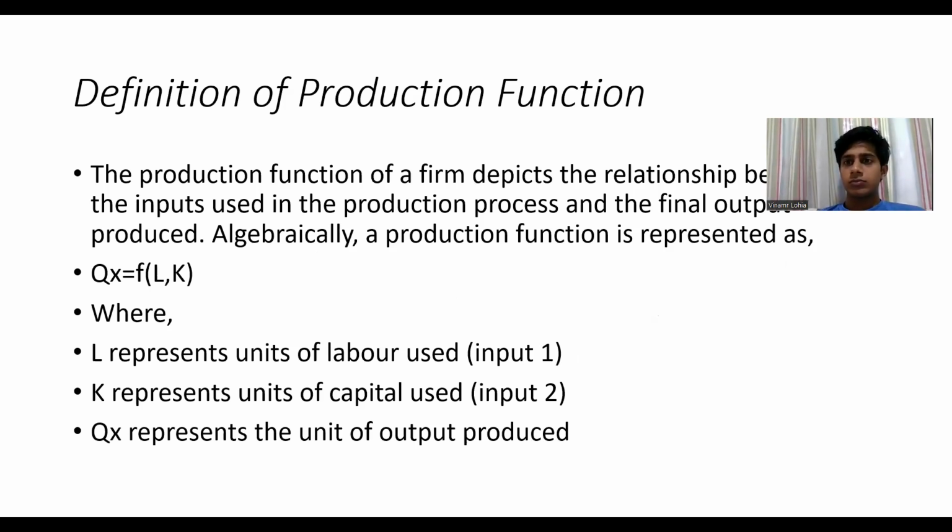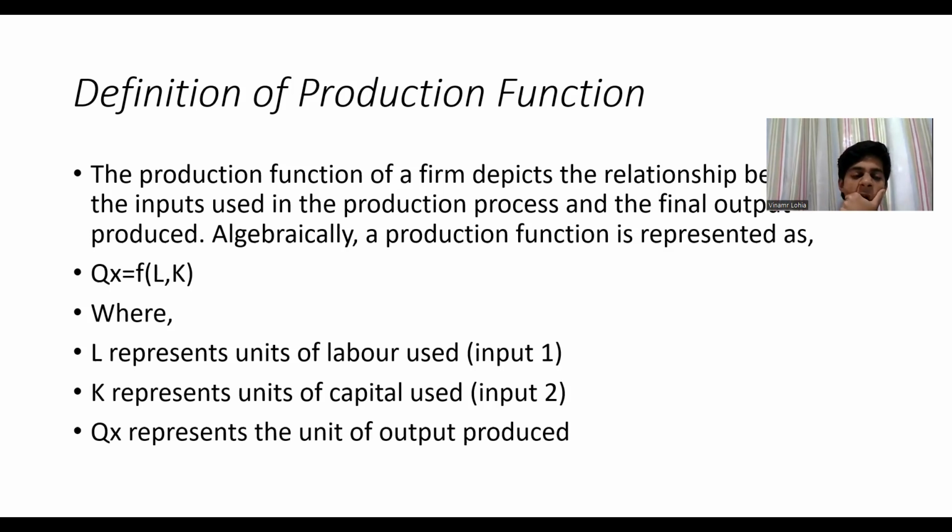The production function of a firm depicts a relationship between the inputs used in the production process and the final output produced. A production function is represented as Qx equals f(L, K), where L represents units of labor used, K represents units of capital used, and Qx represents units of output produced.